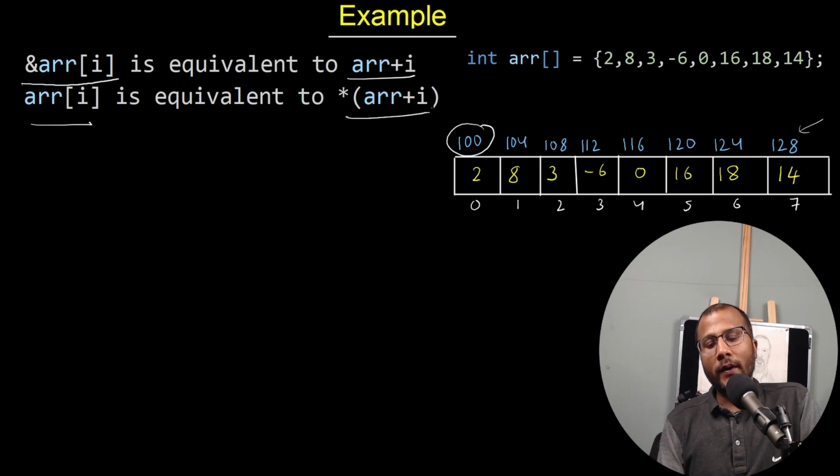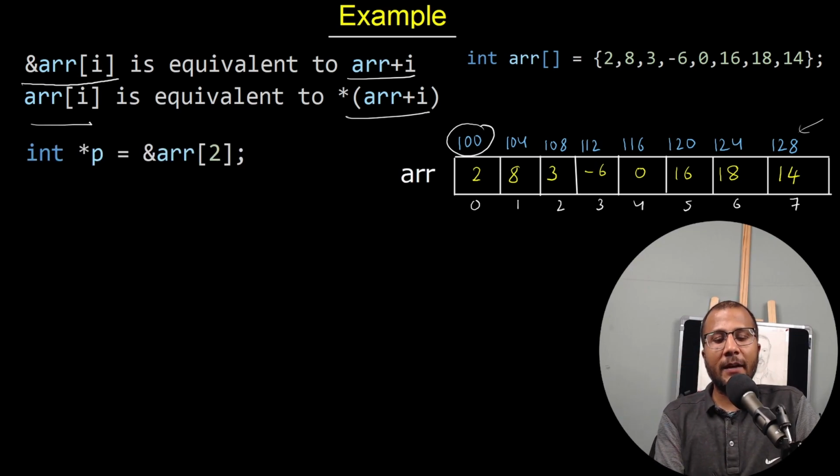Now in this example let's take some programming statements and try to predict the output. First of all, I'm creating the pointer p, an integer pointer, which holds the address of arr[2]. What is arr[2]? It is this one, 3. So the variable p is pointing to where?